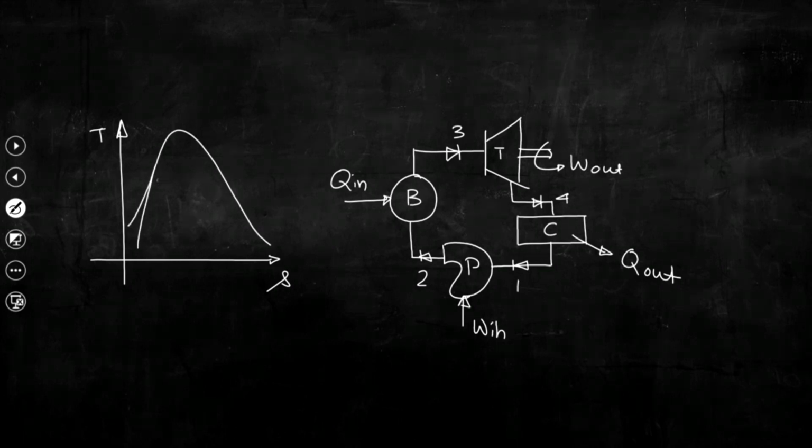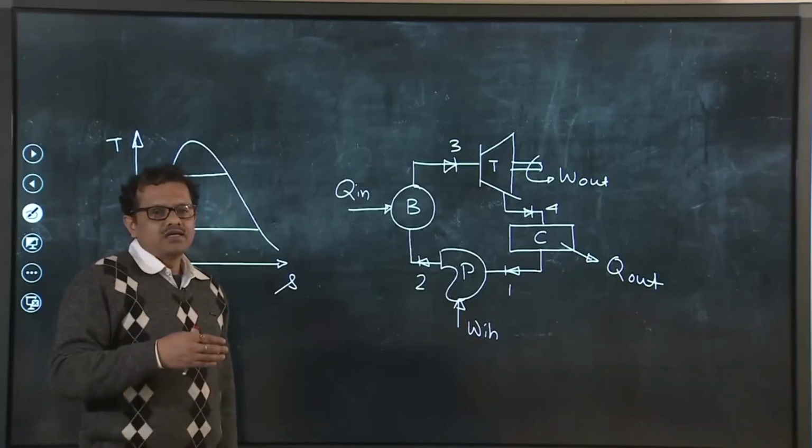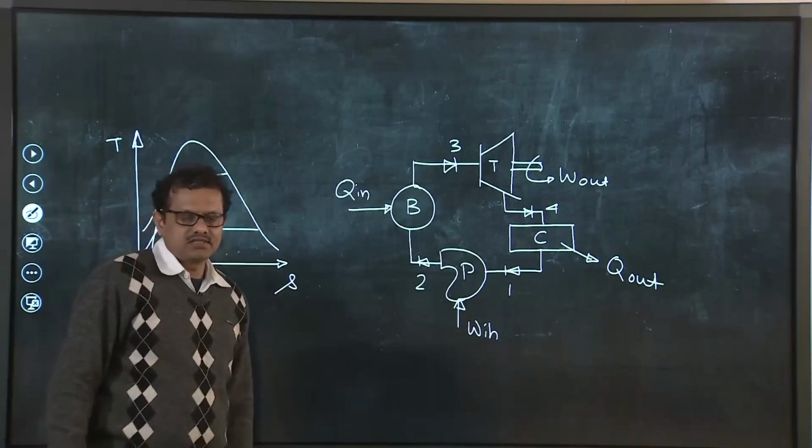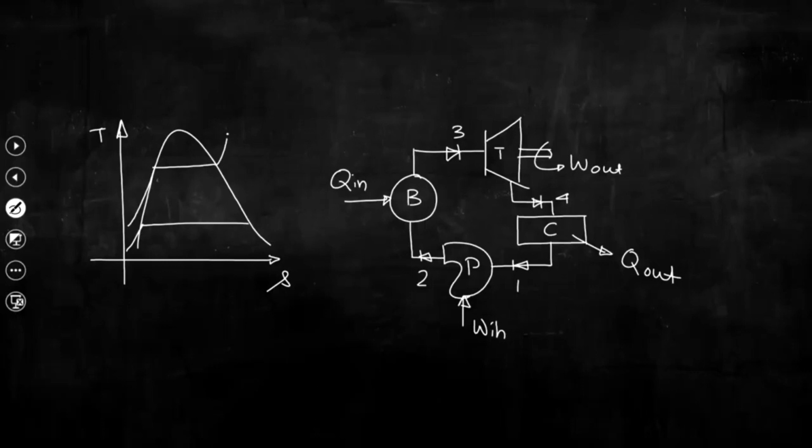We can see that if we consider that this particular unit is operating following Rankine cycle with superheated steam, that steam is superheated beyond this point, and now we can see all these processes, that is 1 to 2, this is 3, this is 4.